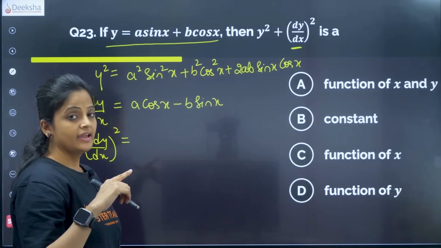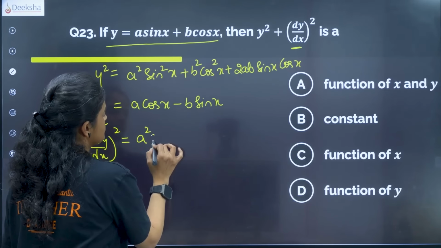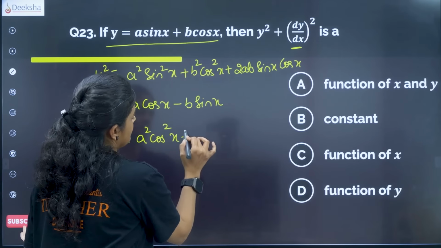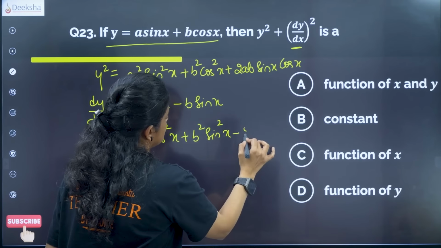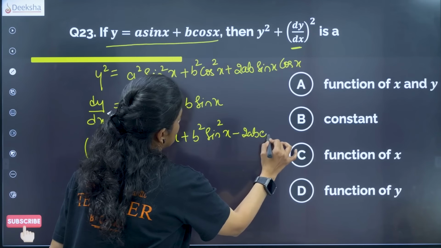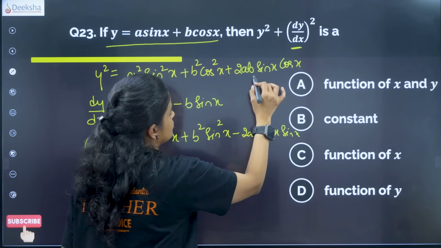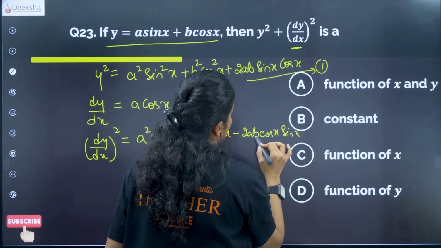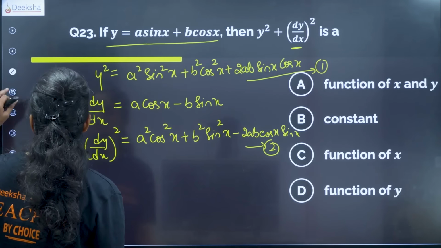As I told, a square plus b square minus 2ab you have to take. So a square cos square, b square sin square and minus 2ab cos x sin x. What you need to do now? You need to add this. Okay, as it is, we'll add.